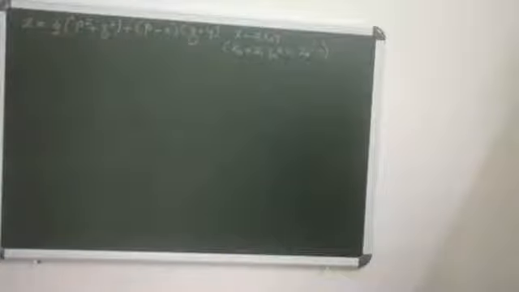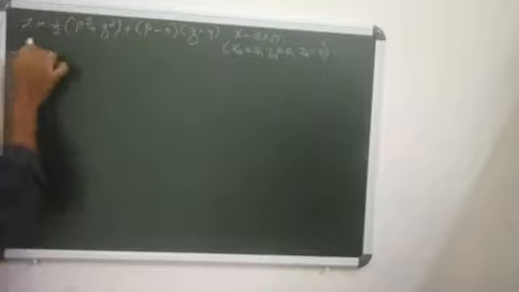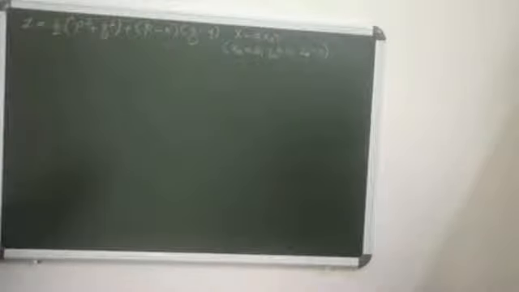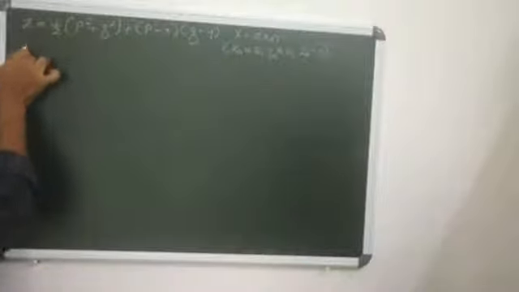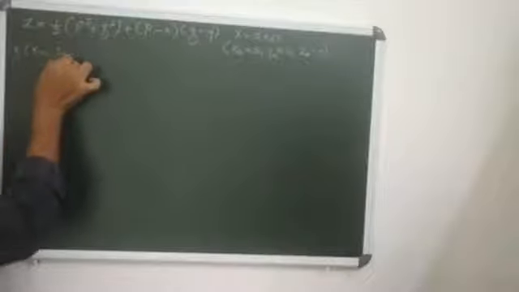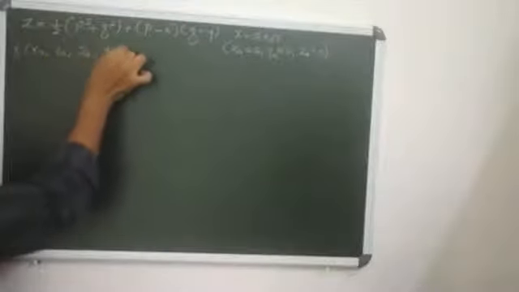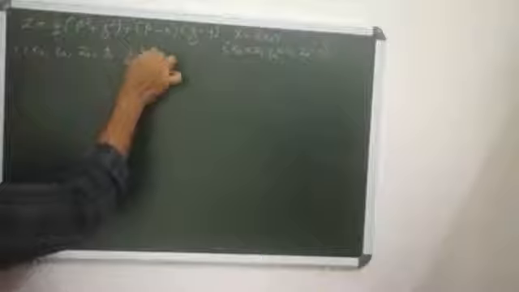Okay. Now, how to solve this one? In order to solve this problem, z equals half of (p square plus q square) plus (p minus x)(q minus y). First we assume f of x_0, y_0, z_0, p_0, q_0 of s equals 0.